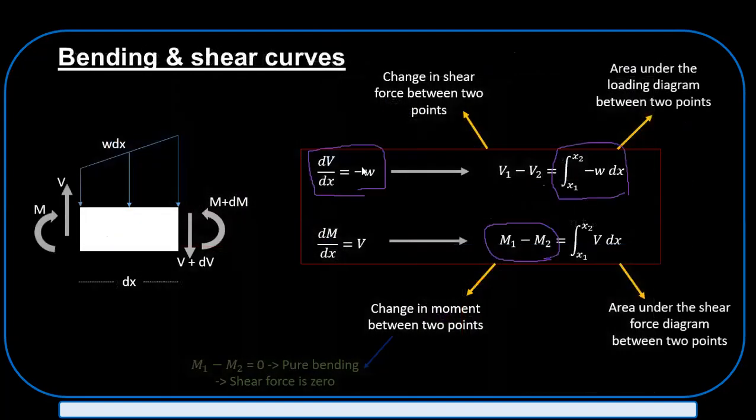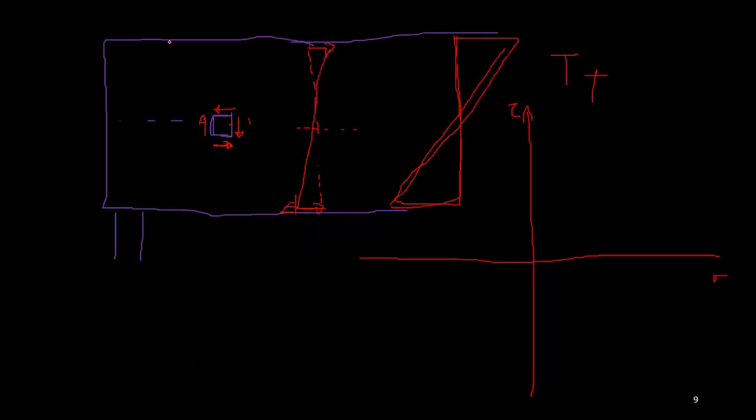It is almost zero at the ends, right? So shear is maximum at the support, right?